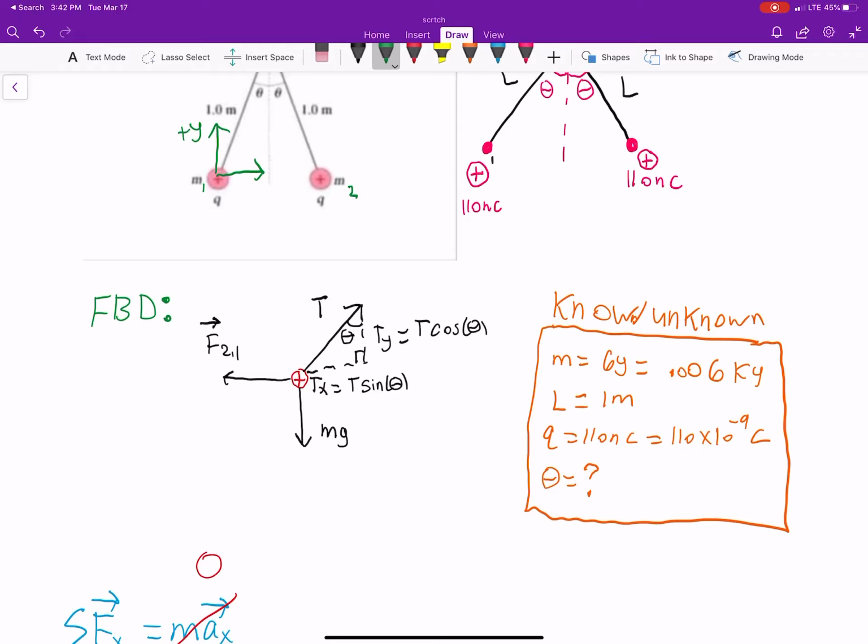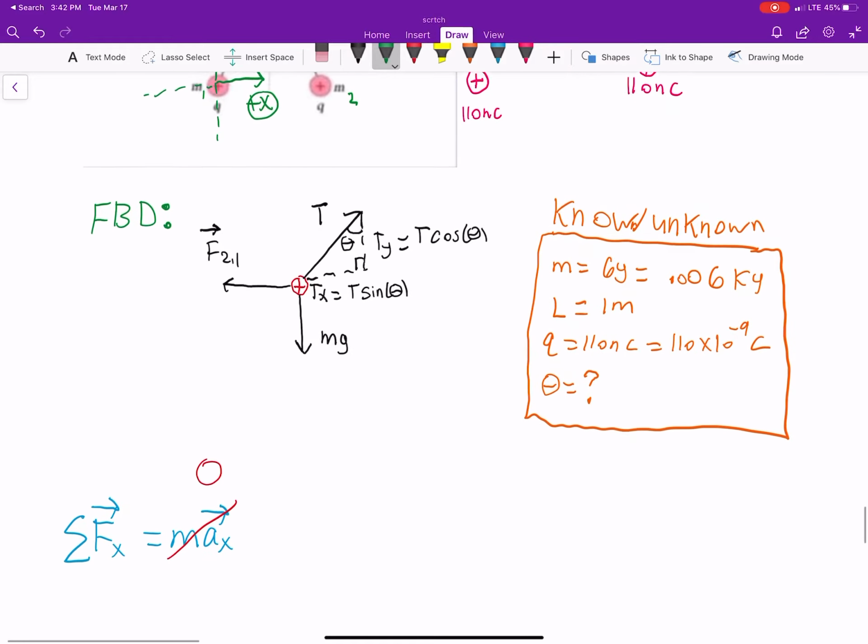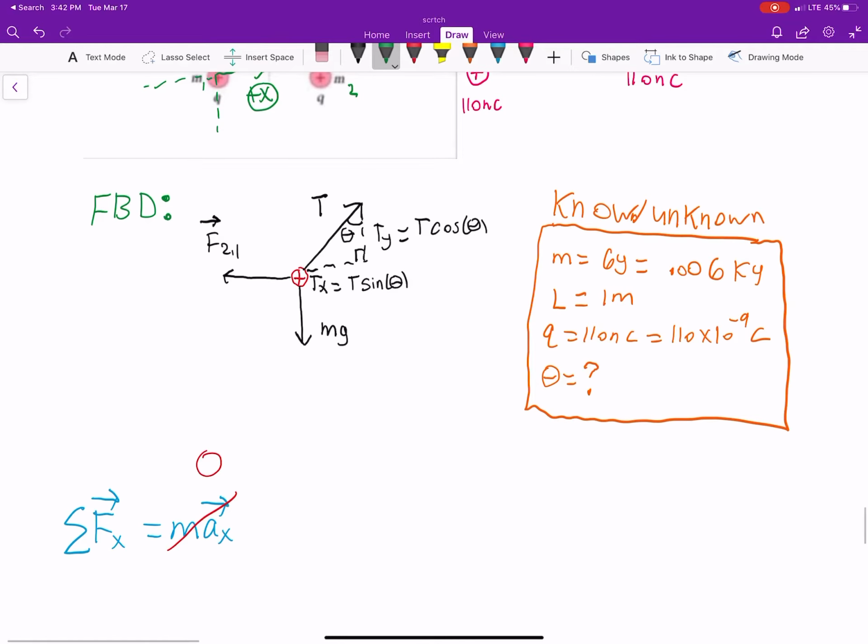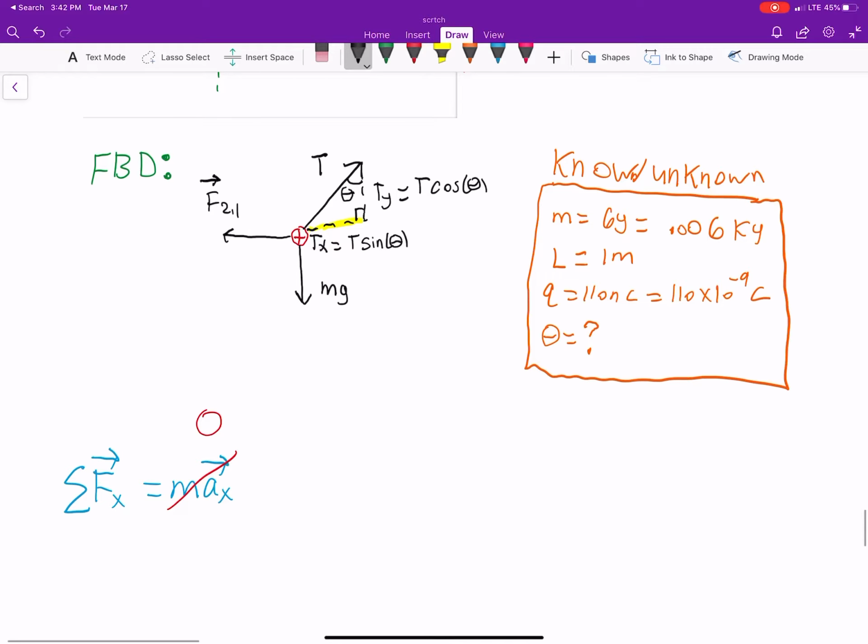We'll let this be positive y, this be positive x. There's no need for a z direction. So in the positive x direction, we have this part, and that's T sine theta. So we have tension times sine of theta, and then we have this force, which is in the negative direction.